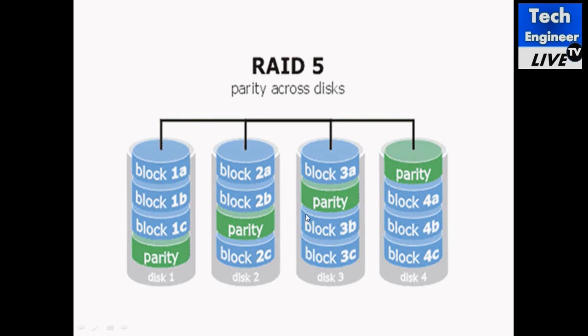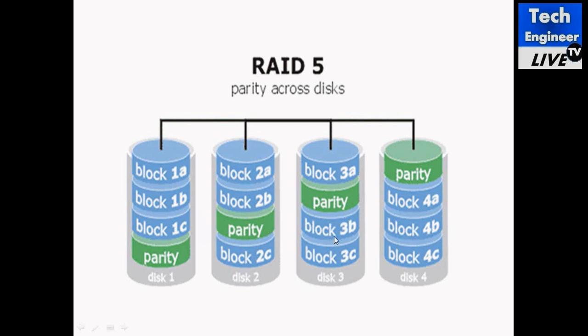Blocks 1A, 1B, 1C will be in stripe form to increase the performance of the system, but they will also be backed up and available in parity form. 1A, 1B, 1C will be in parity form, 2A, 2B, 2C in parity form, 3A, 3B, 3C, and 4A, 4B, 4C as well.